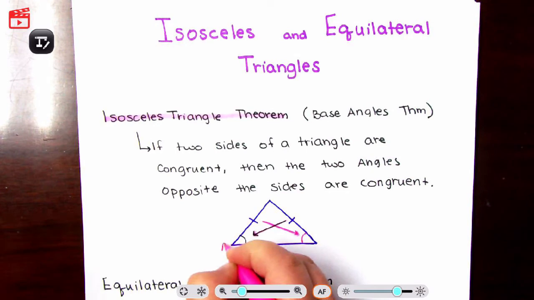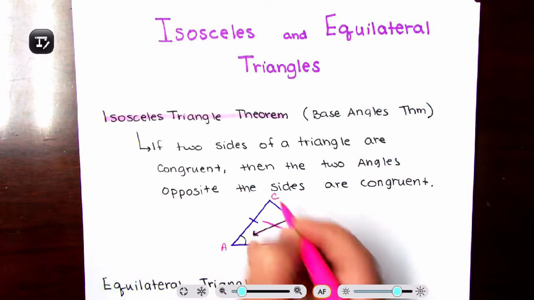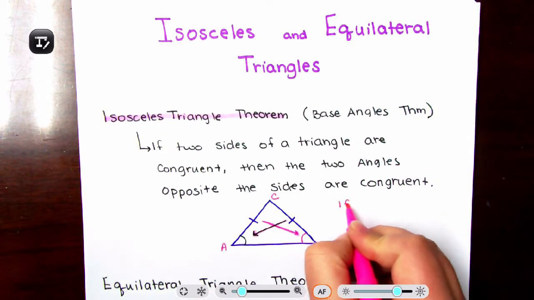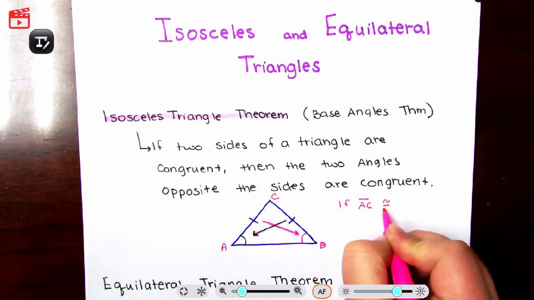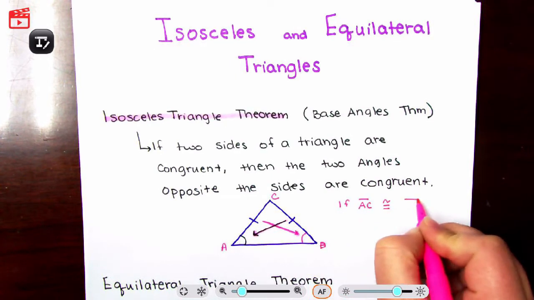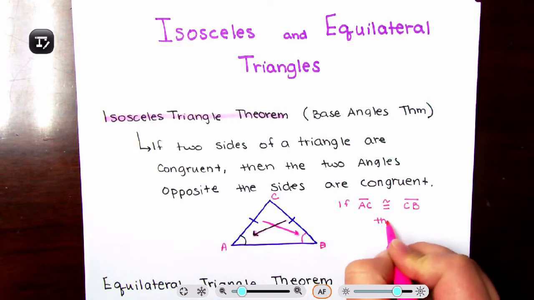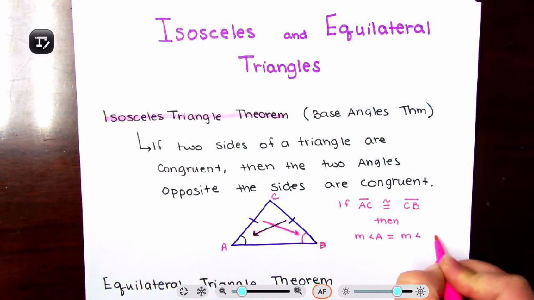So let's call this A, B, and C. So if segment AC is congruent to segment CB, then the measurement of angle A is equal to the measurement of angle B.